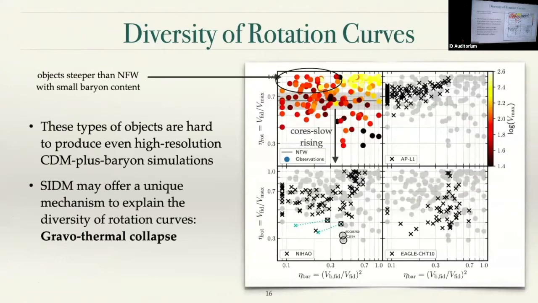However, SIDM may offer a unique solution mechanism for this, which is gravothermal collapse. This gravothermal collapse is similar to what we see in globular clusters, which will take the NFW profile and make it even steeper, because with SIDM you can produce a negative heat capacity. And Carton will talk more explicitly about this in his talk.